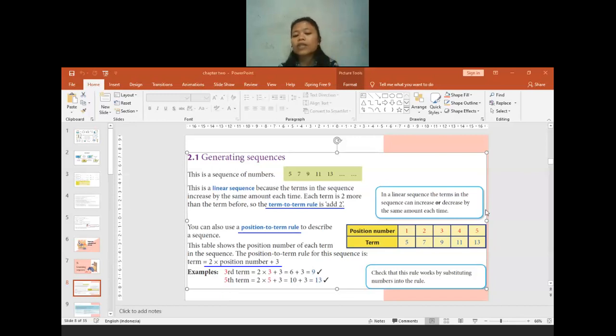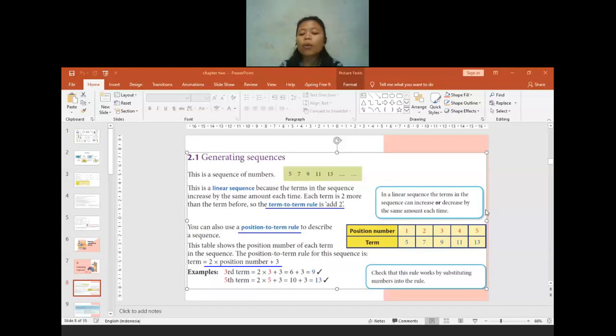Usually for exercise 2.1, the position to term rule will be given. So it will be like a rule that I can directly use to find the given term. For example, the position to term rule is 2 times position number plus 3.